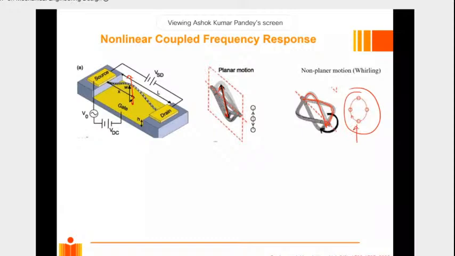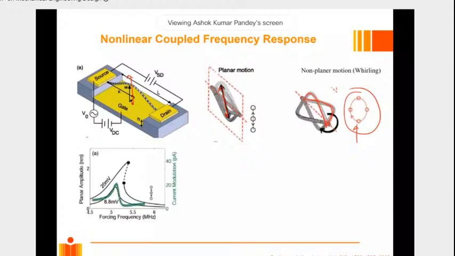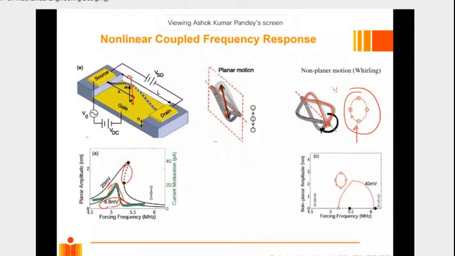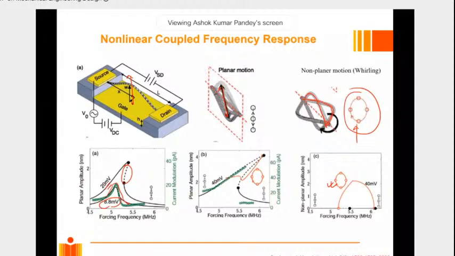That is a non-linear effect that you get, and that way you see at the smaller excitation you get a nice curve, but as you go on increasing this, it will go as a Duffing kind of response, and as you go even more, you see that you have a non-planar kind of motion coming into picture. Okay, so that's how basically this is a non-linear response, and for more excitation you will have this kind of motion coming into picture where the combination of both the modes is there. Okay, so you can refer to this particular paper for more detail.